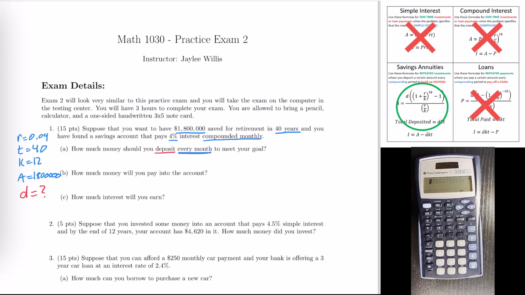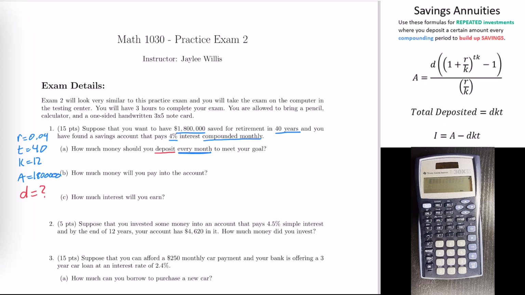Now, if it had asked how much money should you deposit now to meet your goal, then that would mean that you are looking for P, or you are looking for the initial investment. And so you would have used compound interest in that case. But in this one, we're going to be using savings annuities because of what it asked for.